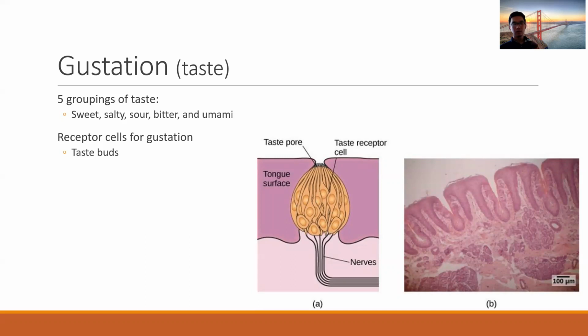And the receptor cells, or sensory receptors, for the sense of gustation are called taste buds. Taste buds are located under the surface of the tongue, so on the surface of the tongue we have the sense of gustation.